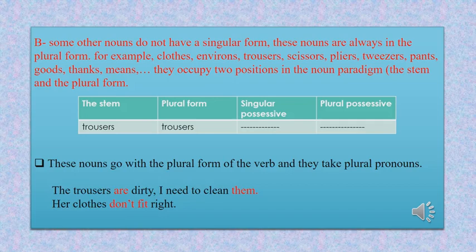So a noun like trousers, in the noun paradigm, has two forms: the stem, trousers, and the plural form, trousers. The singular possessive and the plural possessive are empty, so we have just two forms, the stem and the plural form for trousers, which is the same: trousers, trousers.